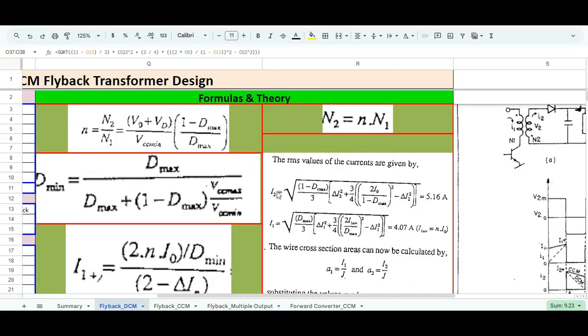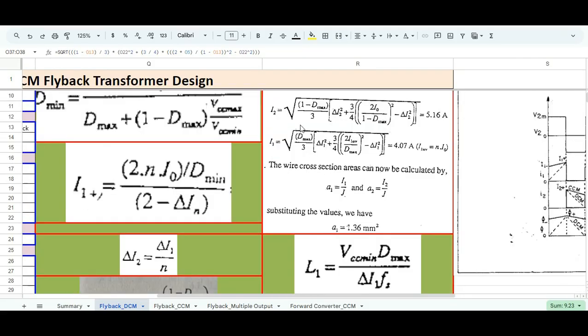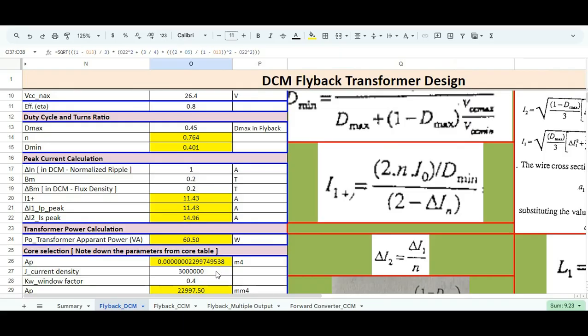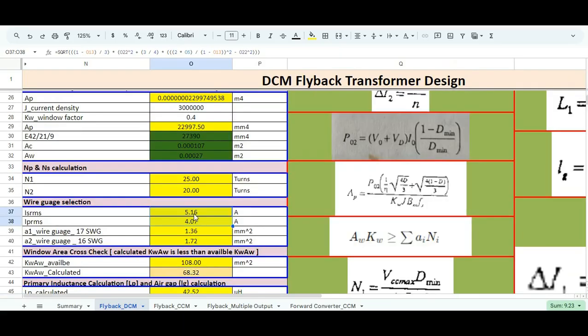How are you going to calculate the RMS current? This is the secondary RMS current, this is the primary RMS current, and it involves 1 minus D max divided by 3, and then you have delta I square plus 3 by 4 plus 2 naught. This is the formula you can use to calculate the RMS current. The RMS current is coming around 5.16 for secondary and 4.07 for primary.